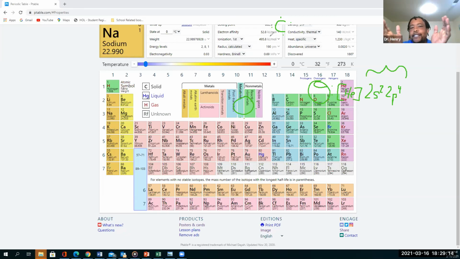Don't they have to go in pairs, Dr. Henry? Oh no, okay. So remember, the very first thing is that they want to be individual, and then they want to go into pairs later on. So like here, you can put them on 4 corners. When we're starting to form bonds and everything, then you want to try to put them in pairs because everybody has to be accounted for.